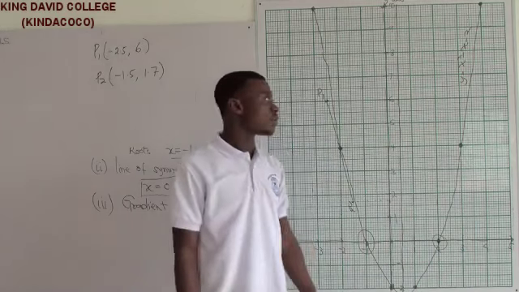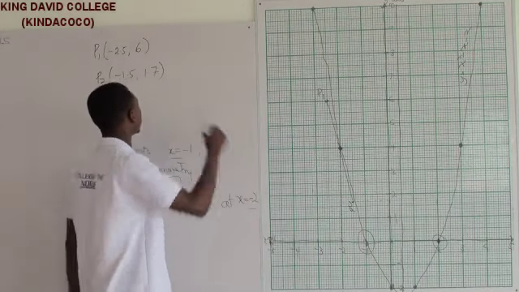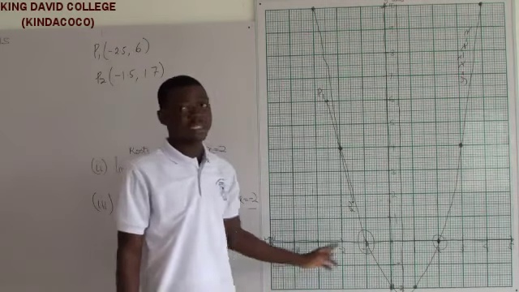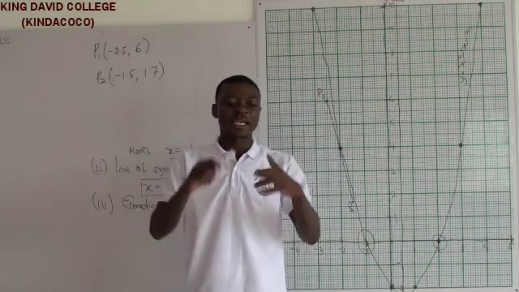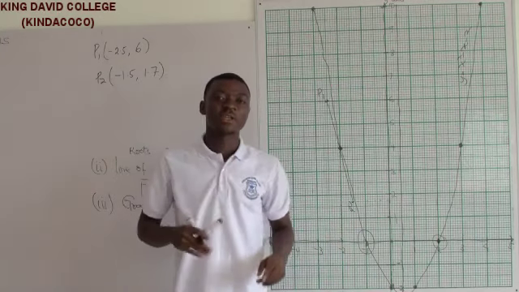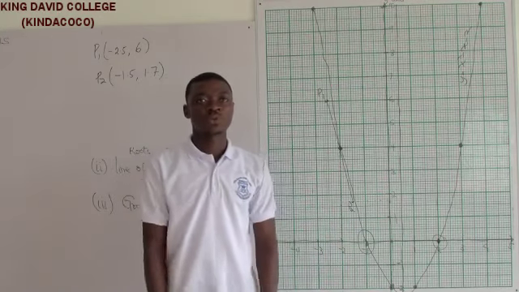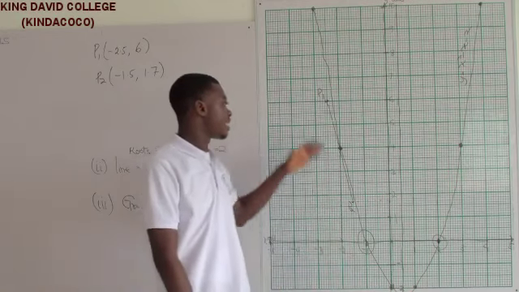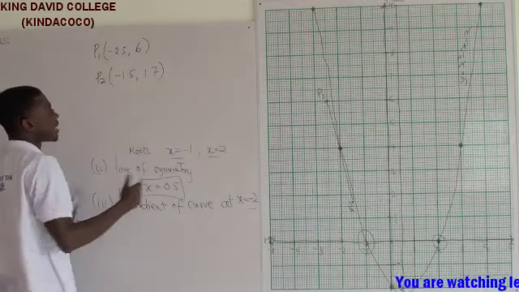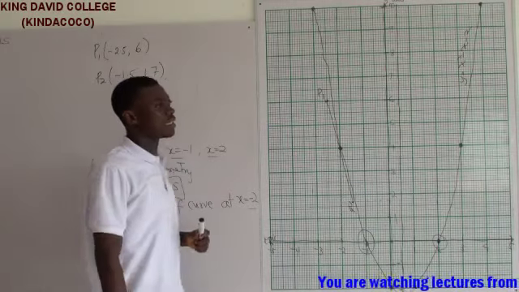When you pick the 2 points on the line, then you read the coordinates of the 2 points you picked. Okay, so pick points that are at the cross section or the intersections so that you'll be able to easily read it.